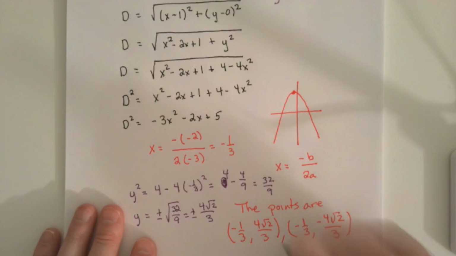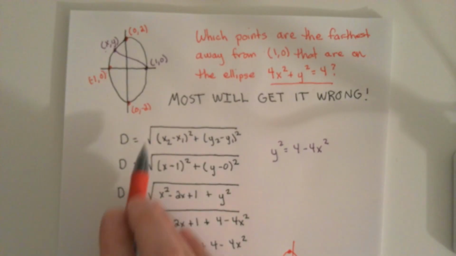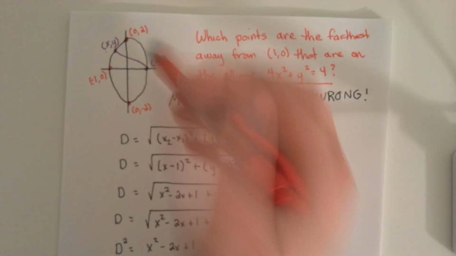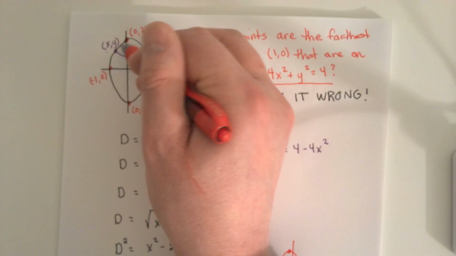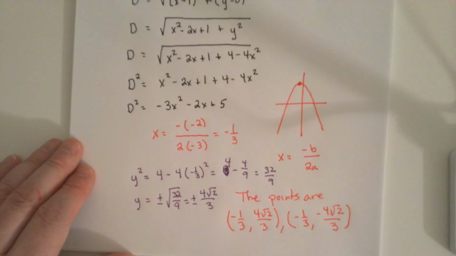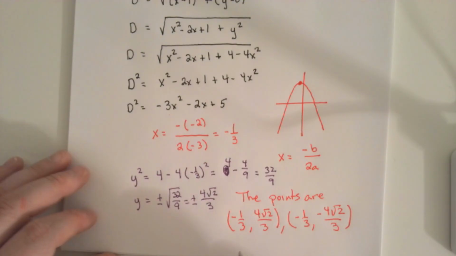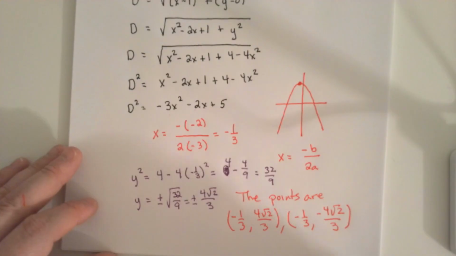And those are the 2 points that are furthest away from 1, 0. And it kind of makes sense that it would be somewhere up here, right? If you really think about the geometry of it all. But you really can't guess at what the point is. You need to go through these techniques.